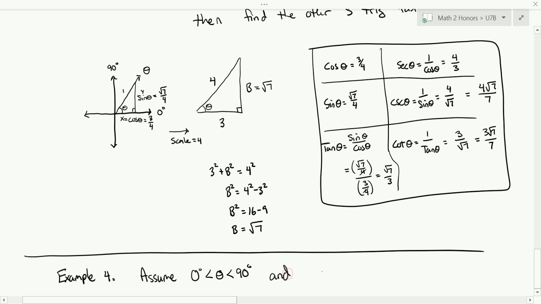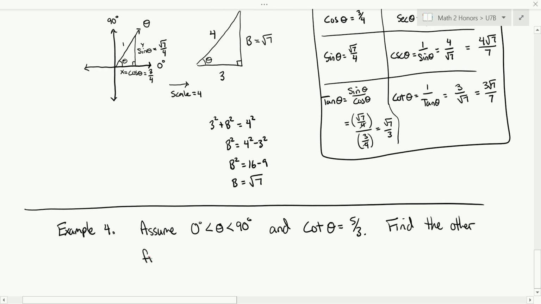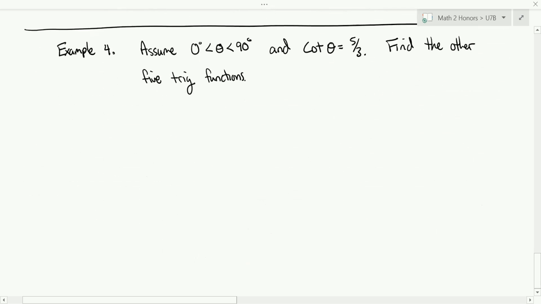And this time I'm going to tell you that the cotangent of theta is 5/3. Find the other trig functions. All right, give it a try.